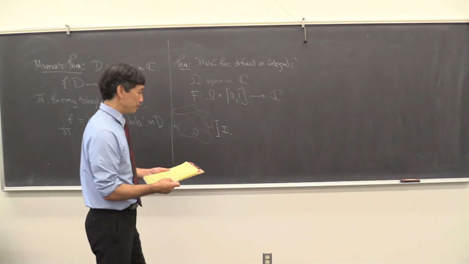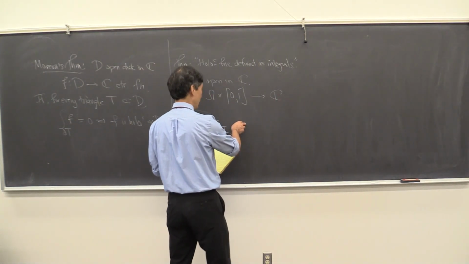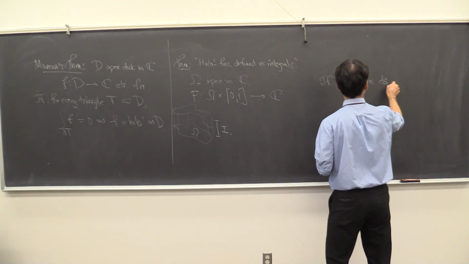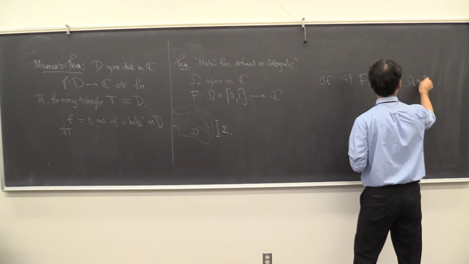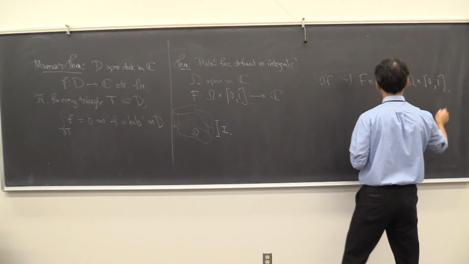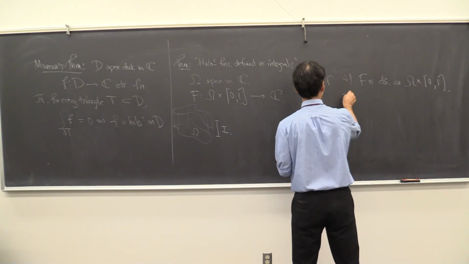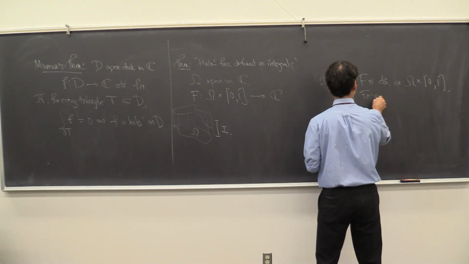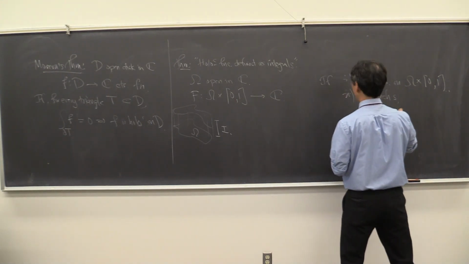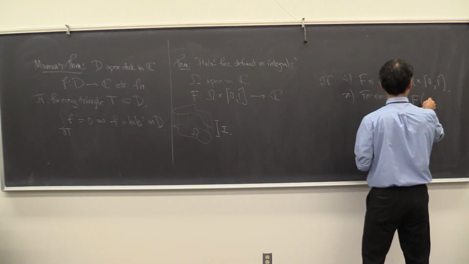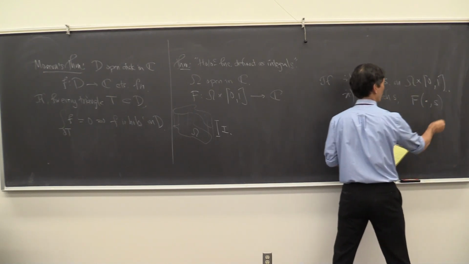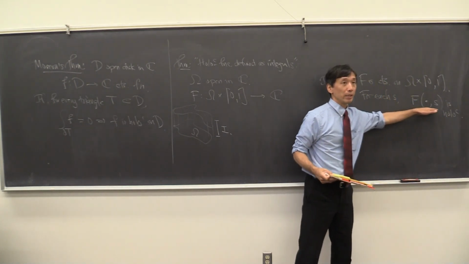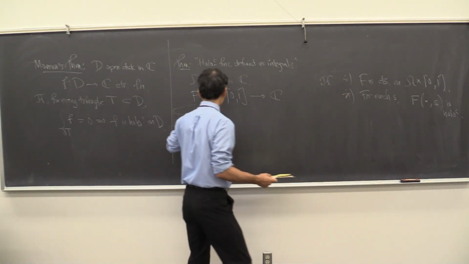Okay, and so the claim is that if F is continuous on the Cartesian product, and further, for each s, F(·, s) is holomorphic. So each of these s's is at a different height, right?